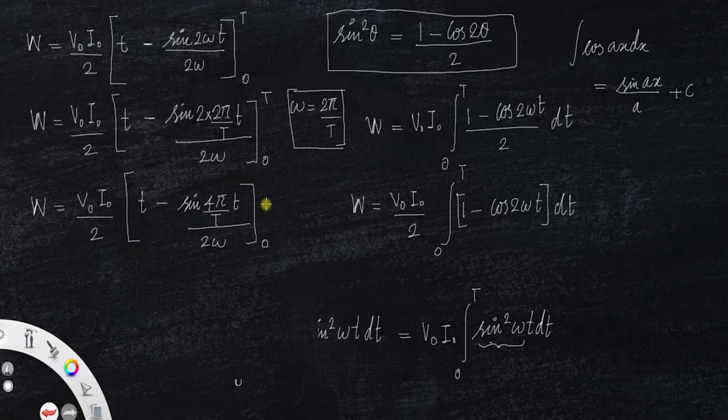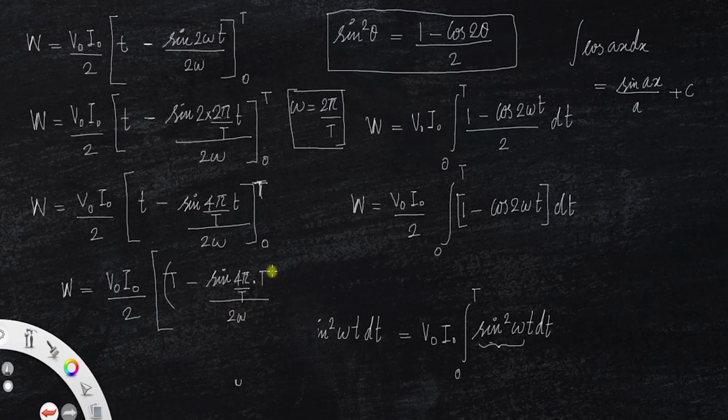Now I can put the lower and upper limits. First I substitute the upper limit. So the work W is equal to V0 I0 by 2. In place of the small t, you just put the capital T. So T minus sine 4 pi T by T, divided by 2 omega.